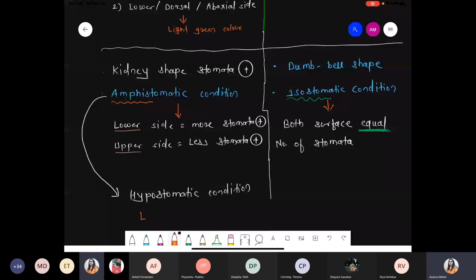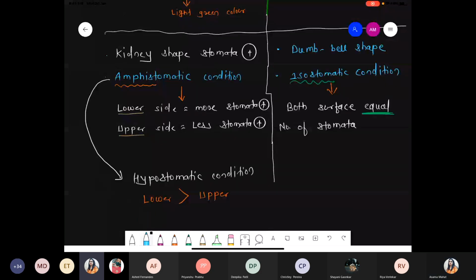On the lower side, the number of stomata is more as compared to the upper side. More stomata towards the lower side and less towards the upper side. So such a condition is also represented by the word hypo. Hypo means below side.